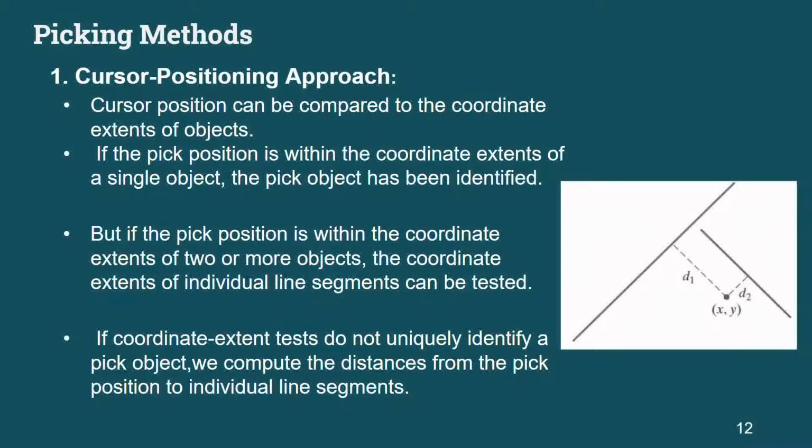If the coordinate position of the cursor and the element are aligned and produce the same coordinate position, then we can pick that object. That's basically the cursor positioning approach.